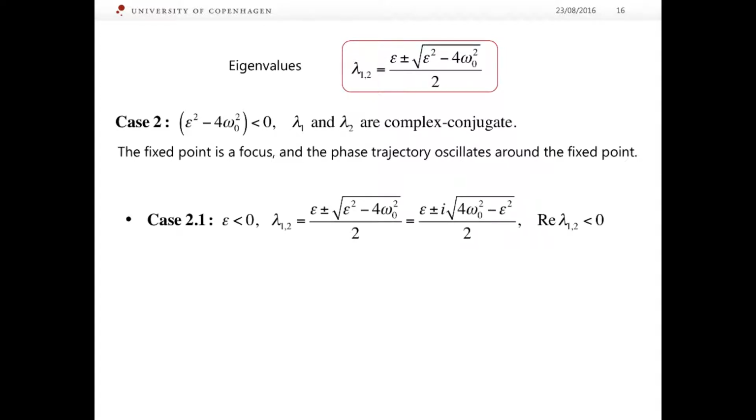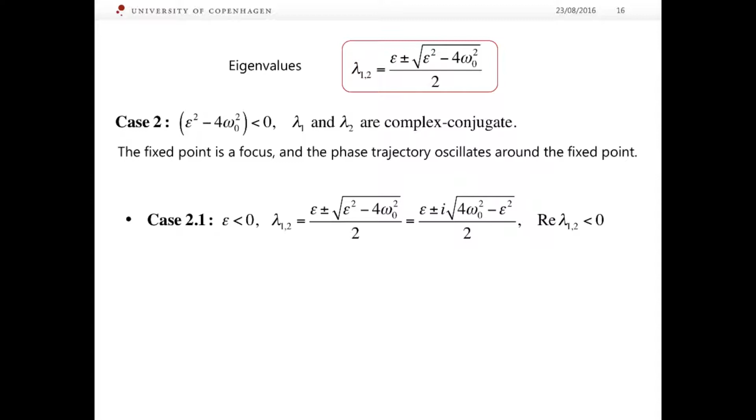Consider subcase 2.1, in which we assume that epsilon is a negative number. Look at the expression for eigenvalues. The expression under the square root, epsilon squared minus 4 omega naught squared, is a negative number, which means that the same expression multiplied by -1 will be a positive number.